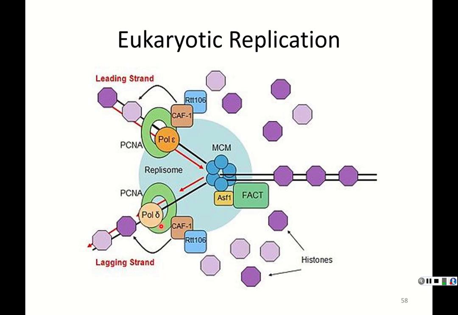The lagging strand, we have polymerase delta. These purple squares are just our histones. Remember, our DNA in eukaryotic cells is wound around histones, so those have to be dealt with as well. That's one of the reasons this becomes more complicated.